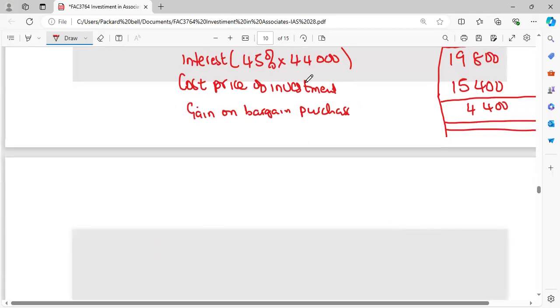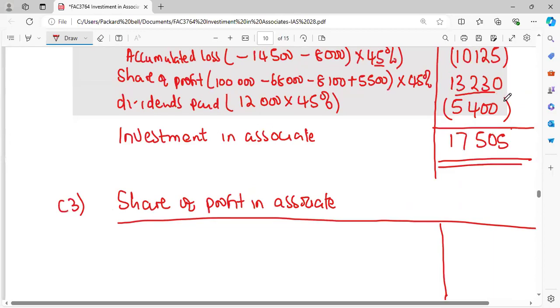So which means here, we need to adjust what we already have here. We have the share of profit, which is already this 13,000. You can recalculate, but we have already calculated.